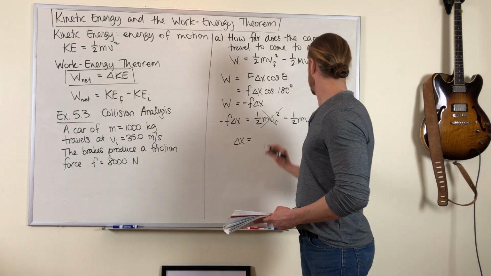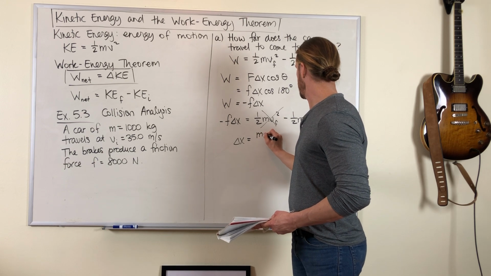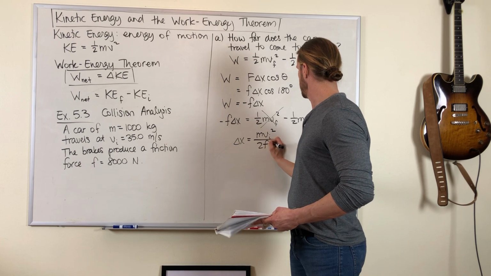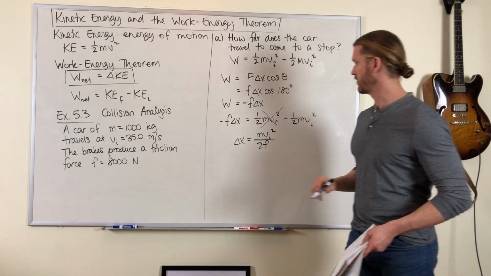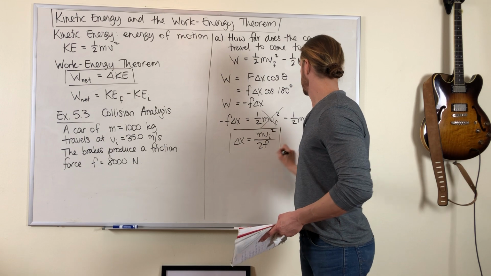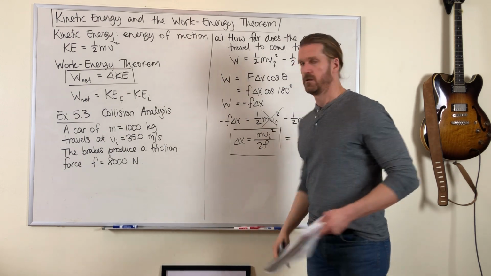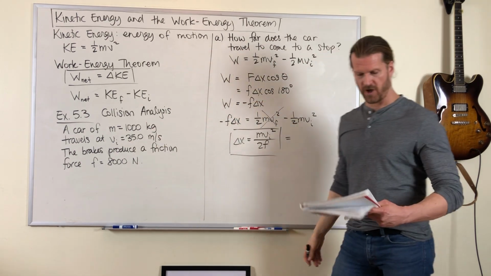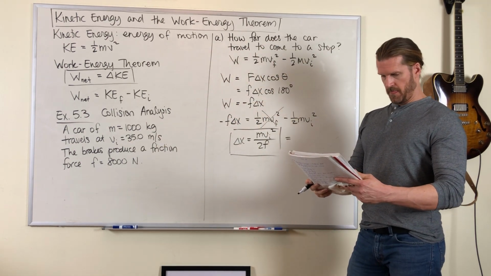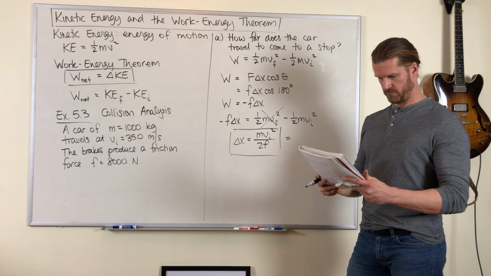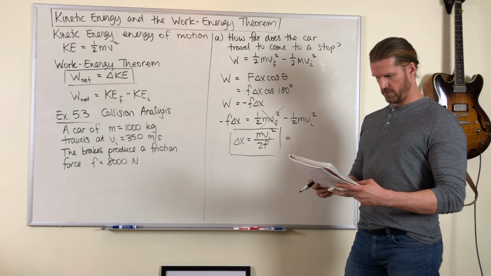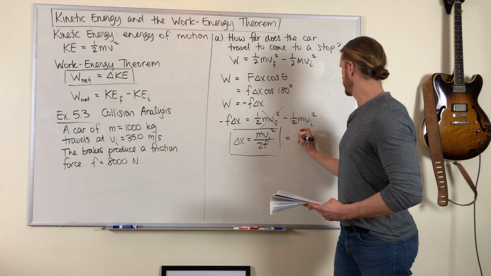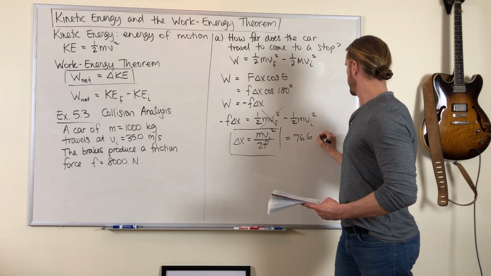Delta x equals m v initial squared over 2 times the magnitude of the friction force. And when you plug in these values that were given in the problem, we get 76.6 meters.